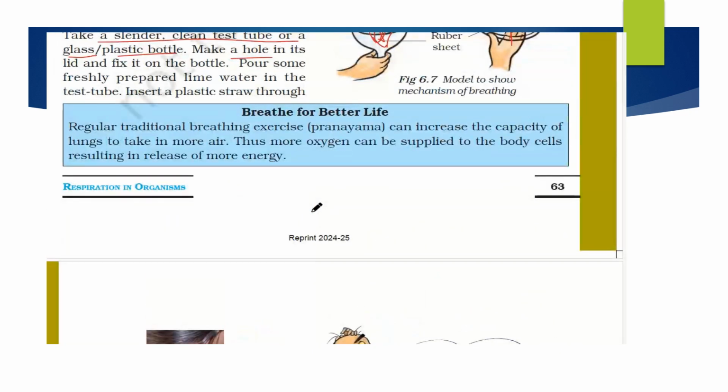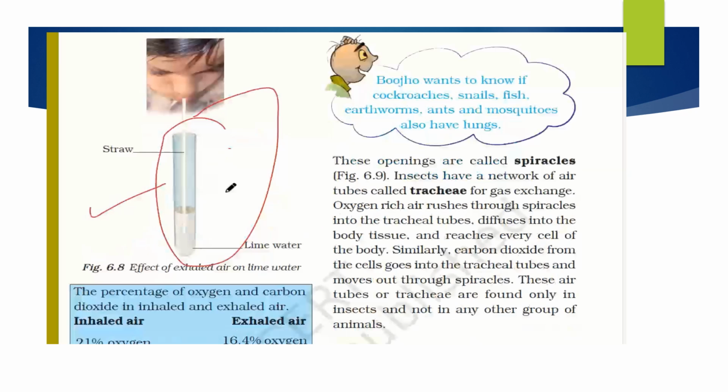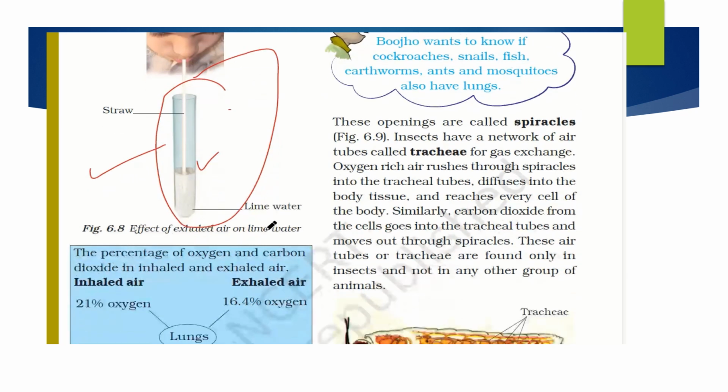But what we will see when we blow into the freshly prepared lime water is that it turns milky, because the exhaled air has a higher percentage of carbon dioxide, though it is a mixture of gases.